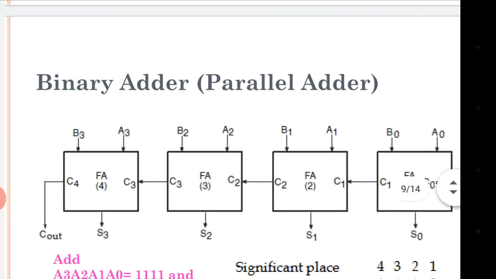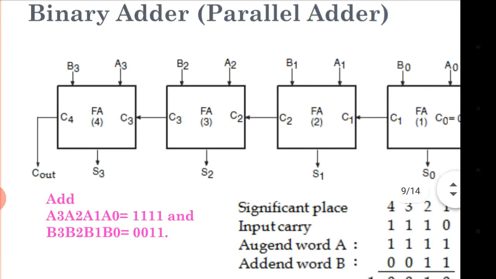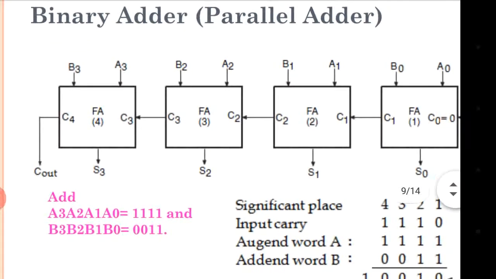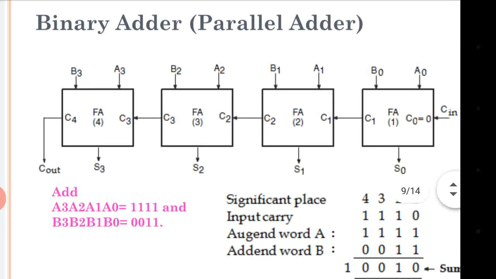Now coming to this, a binary adder, we have already discussed about this. Our next topic is the look ahead carry adder, and before starting the discussion we require to talk about binary adder. Basically a binary adder or the parallel adder is a circuit which is nothing but the combination of full adders.